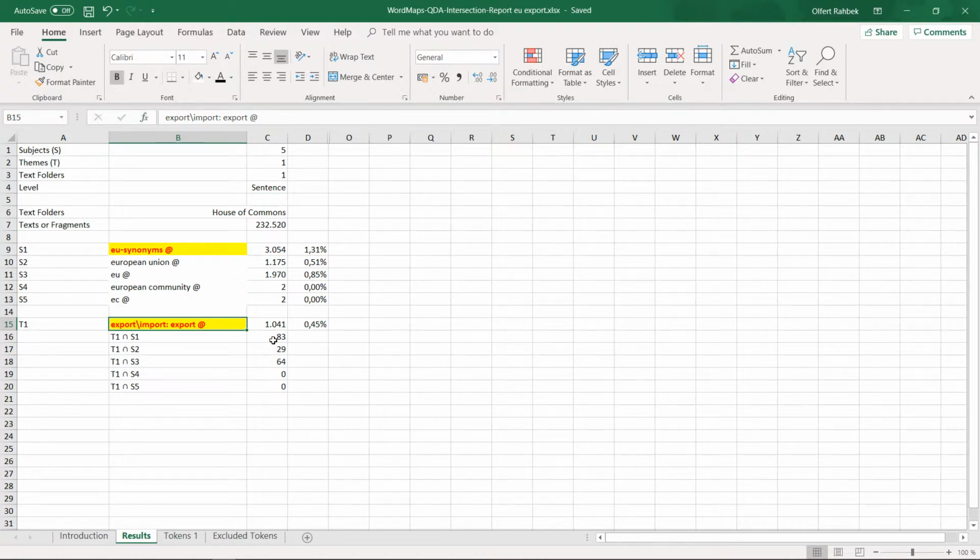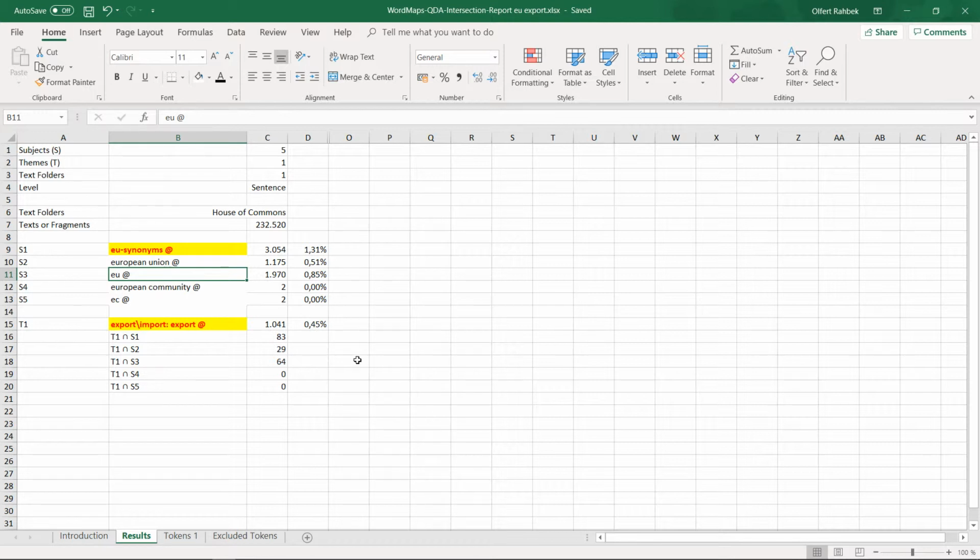And we can see we actually only get 83 occurrences where export is mentioned at the same time as EU, and 29 where export is mentioned at the same time as some other reference to European Union, and 64 occurrences where EU is mentioned at the same time as export is mentioned in a sentence, and 0 occurrences in number 4 and 5 here. And we're not so surprised by that because we only had 2 occurrences to begin with, so not very much to work from.